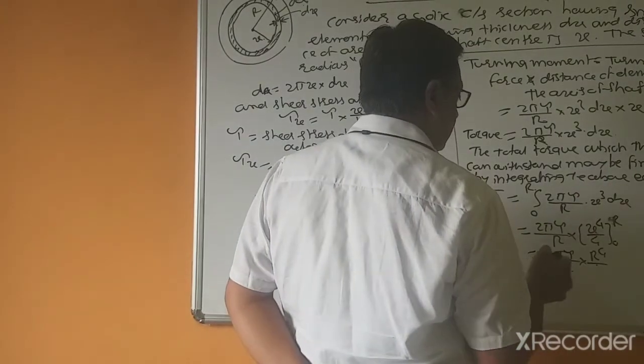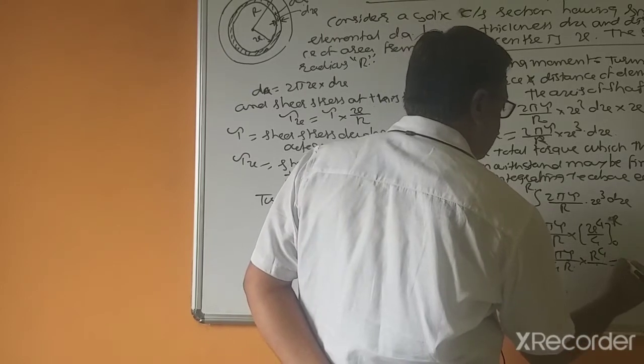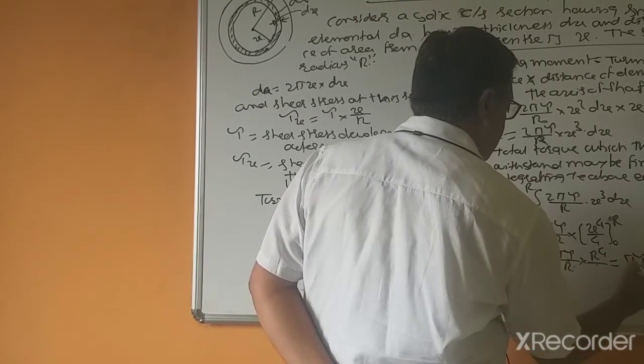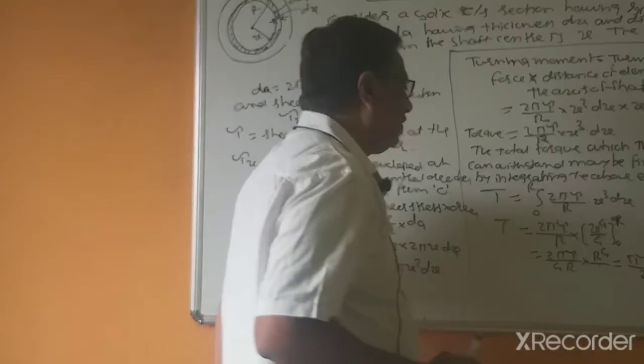One R gets cancelled, and this is pi tau R cube divided by 2.